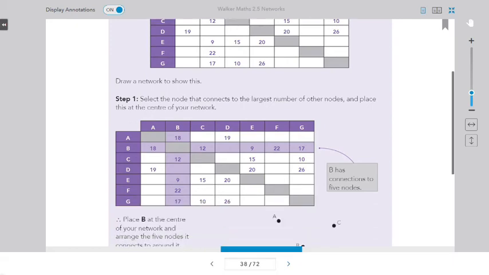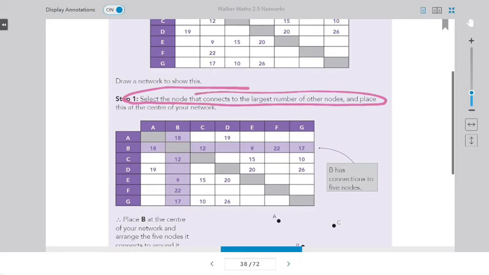The first step in drawing the network is to select the one that connects the largest number, so in other words, the one with the largest degree. And if you look, A has 2 values, so it only connects 2. B has 5 values, so it connects 5, right? Each one of those tells you how many it's connecting.